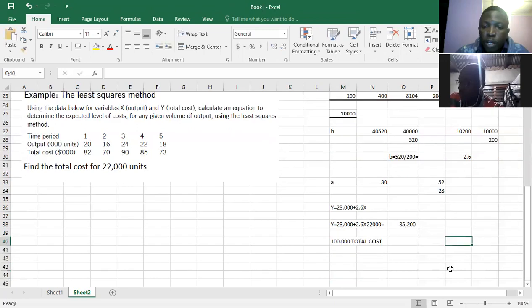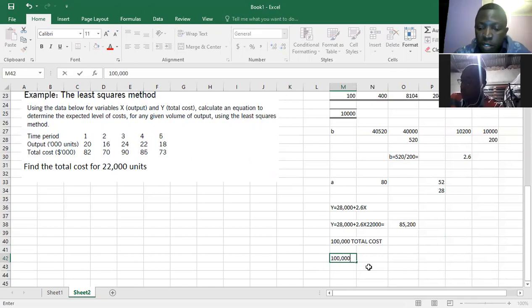So now what you know is the Y. So you use the equation. So 100,000 equals 28,000 plus 2.6x. We bring them here: 2.6x plus 28,000 equals 100,000.